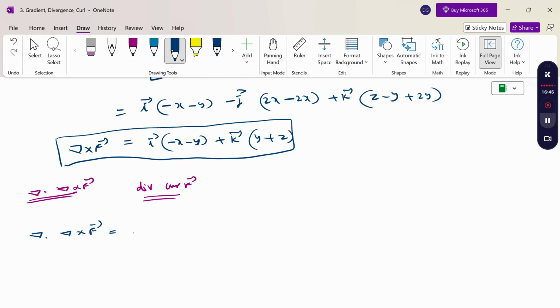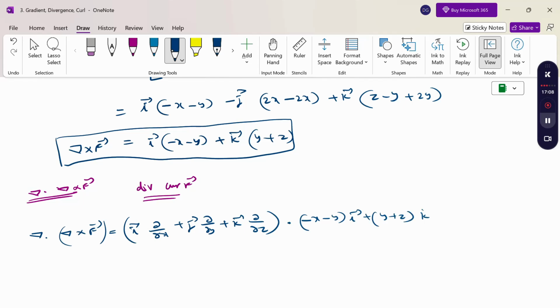So del is nothing but i vector ∂/∂x plus j vector ∂/∂y plus k vector ∂/∂z. This is del dot. Del cross f is nothing but the previous one: minus x minus y times i vector plus y plus z times k vector.